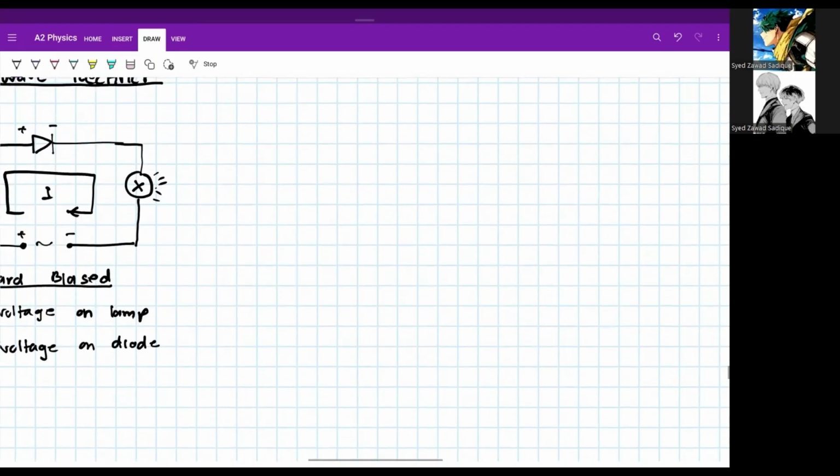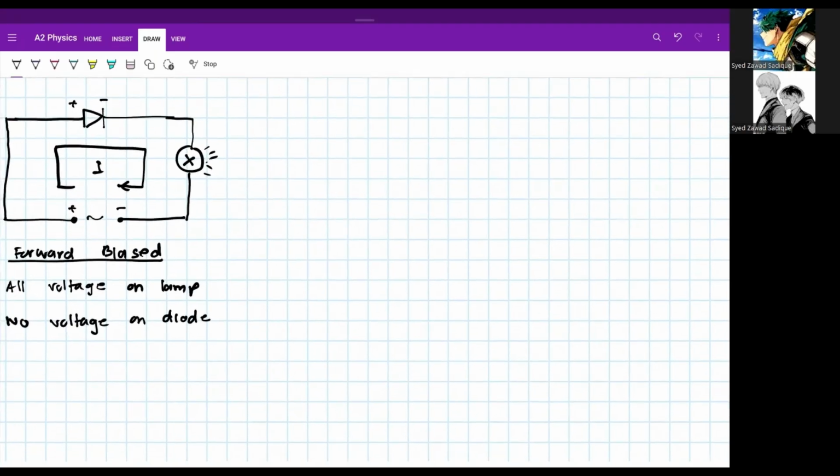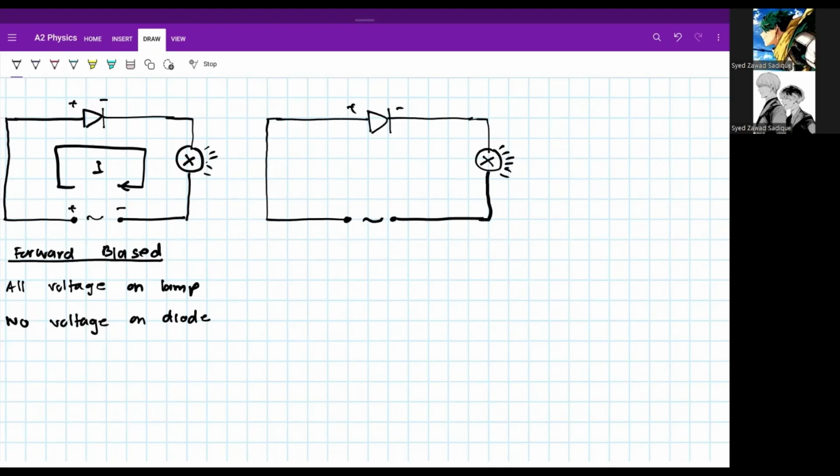Now, similarly, if we draw another one, same diagram. This is positive, this is negative. This is the lamp. However, in this case, this is the positive, this is the negative terminal. Therefore, there is no current flow.